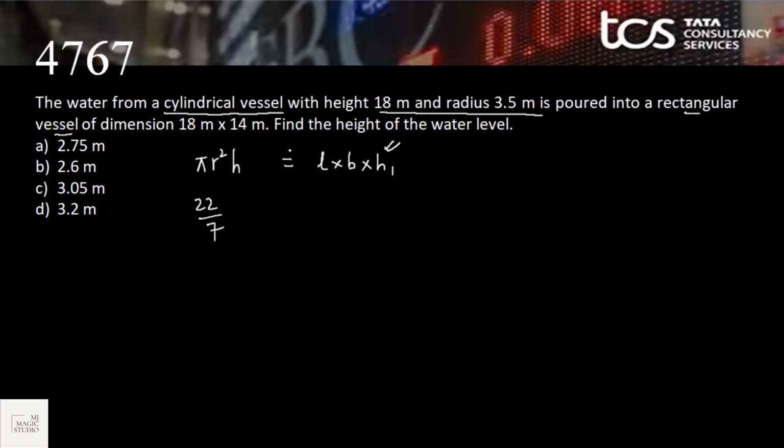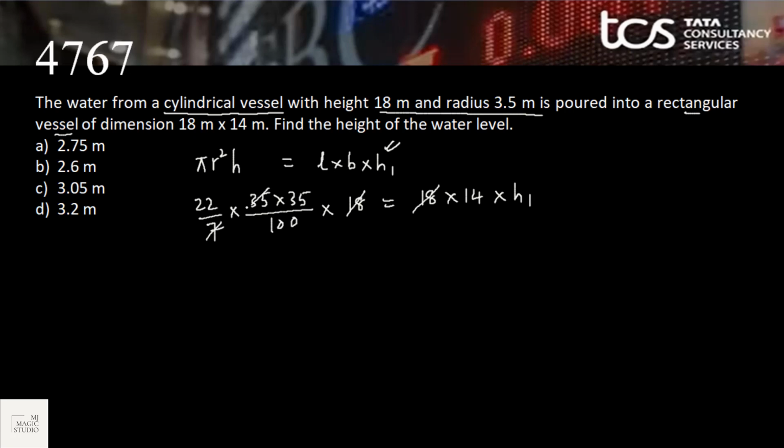22 by 7, our radius of the cylindrical vessel is 3.5. That can be written as 35 into 35 by 10 into 10, 100. Height is 18, equals 18 into 14 into H1. We need to find the value of H1.